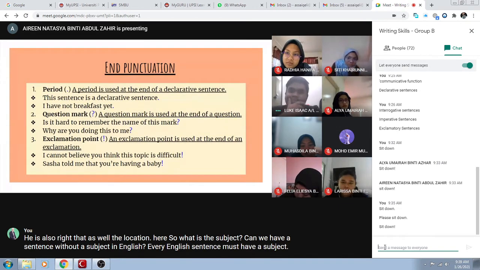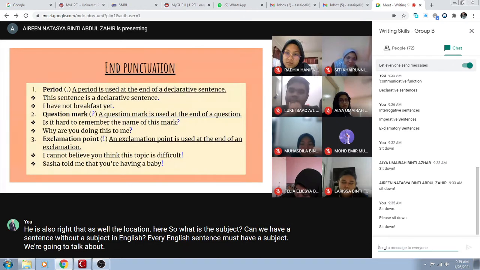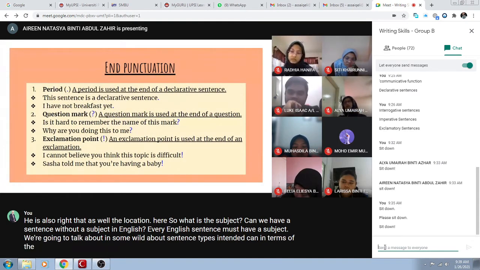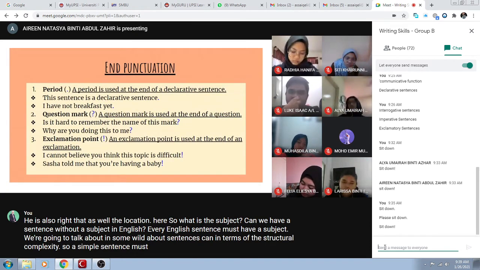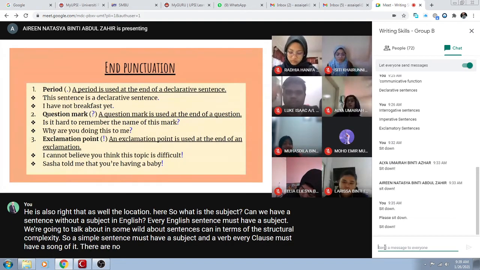We're going to talk in a short while about sentence types in terms of structural complexity. A simple sentence must have a subject and a verb. Every clause must have a subject and a verb. There are no sentences in English that have no subjects or verbs.